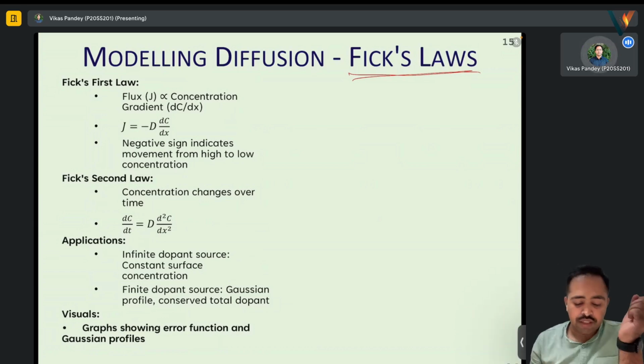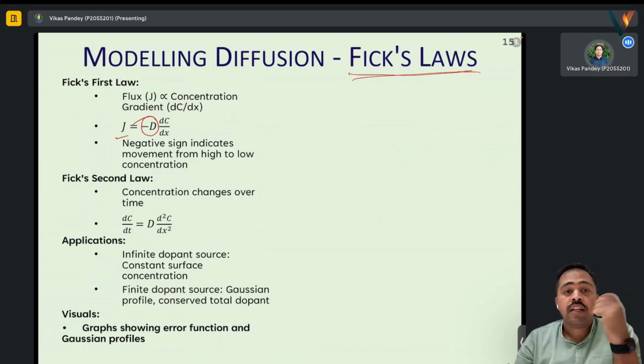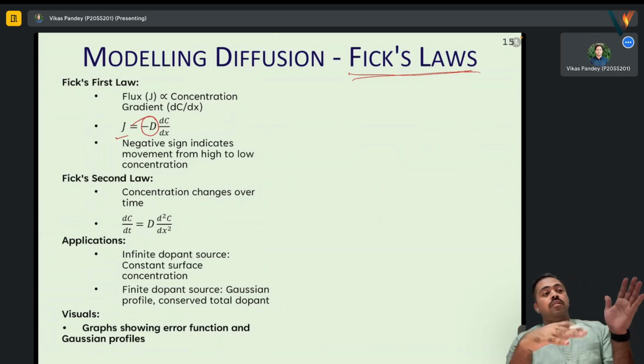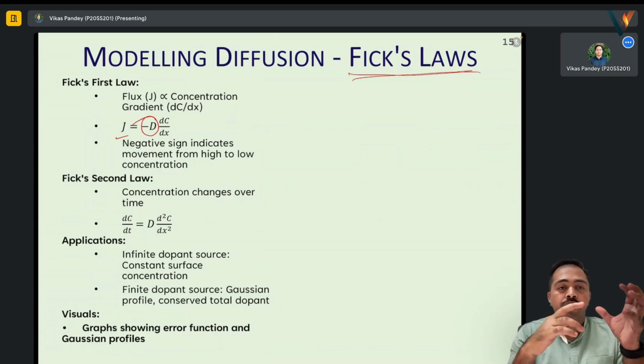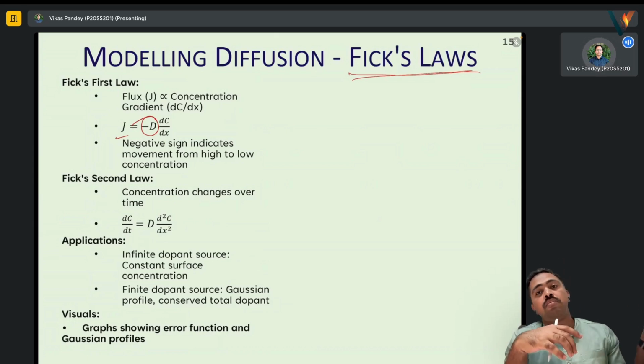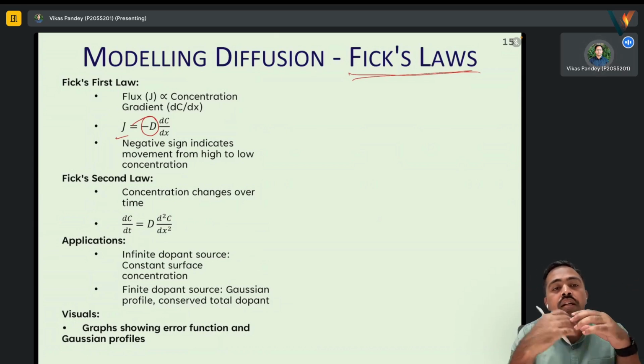So it is given by J equals minus D, this is the constant that we are getting here, dc upon dx. Here a negative sign is there, minus D, right? This indicates that the movement is from high to low concentration. So when we are doing the diffusion, it will always take place from the higher concentration side to the lower concentration side.